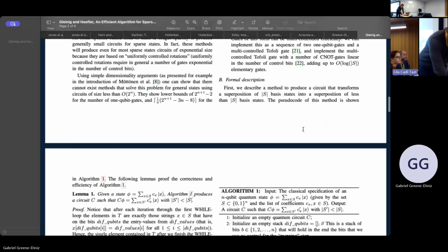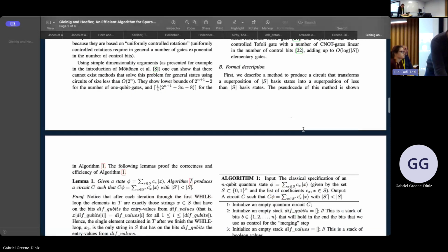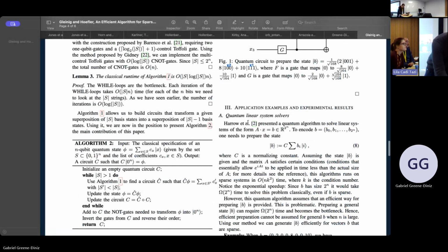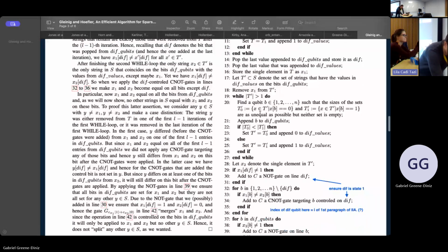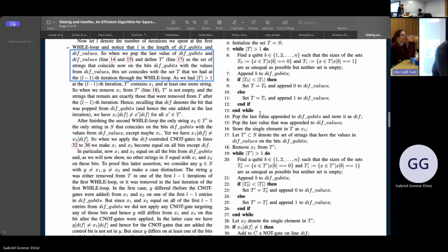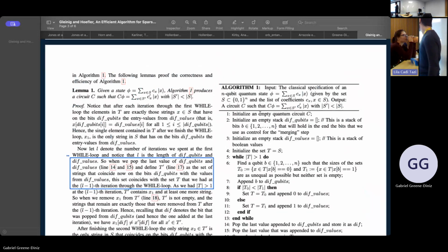No. The entire scaling of it goes down to the fact that here, magnitude S is the number of basis states. These while loops that they're talking about are looping over the list of basis states you give it at the beginning.